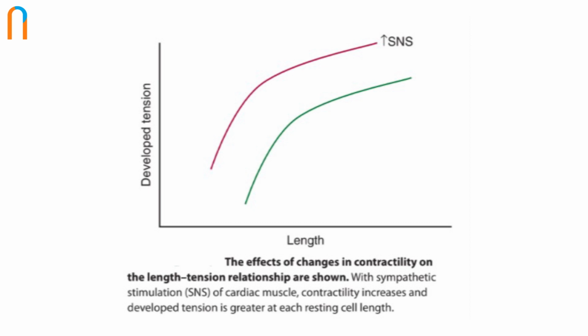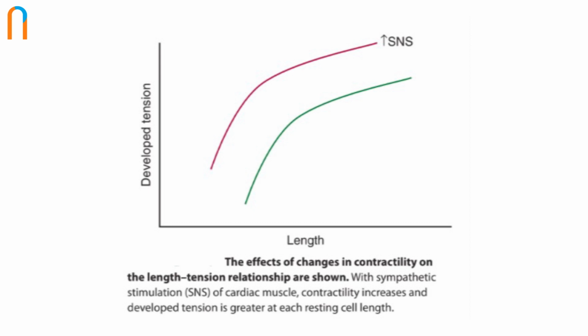In comparing the force-velocity curve during enhanced contractility, one can notice that increasing contractility causes the entire force-velocity curve to shift to the right below the maximum isometric tension.